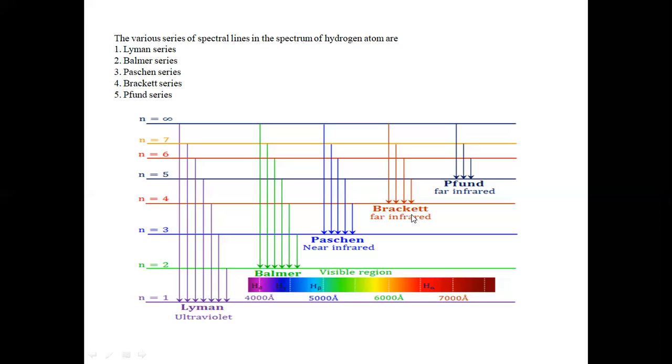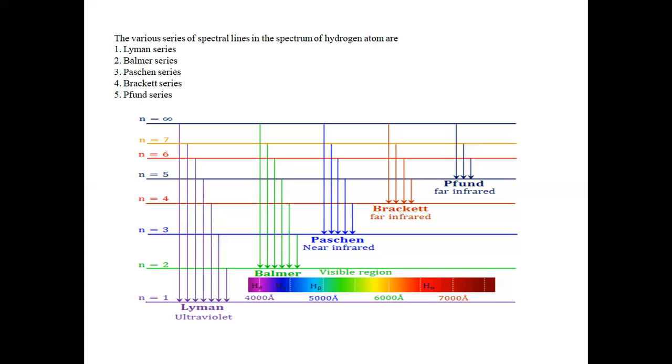And the fourth type of series is the Brackett series. Here we find the Brackett series when the electron jumps from the fifth, sixth, seventh or infinity energy level to the fourth energy level. When the electron jumps from either fifth, sixth or seventh, or from the infinity level to the fourth energy level, that time we observe the Brackett series.